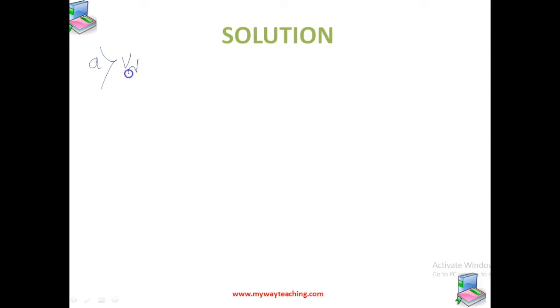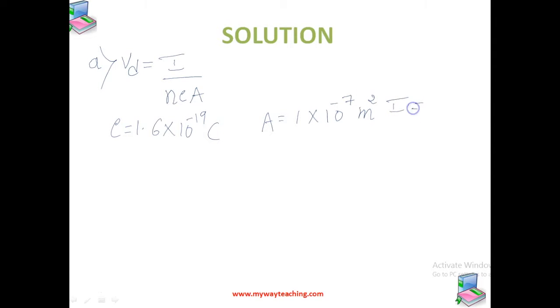The drift velocity Vd is given by I by n e A. We know e is equal to 1.6 x 10^-19 coulomb, A is equal to 1 x 10^-7 m^2, and I is equal to 1.5 A.